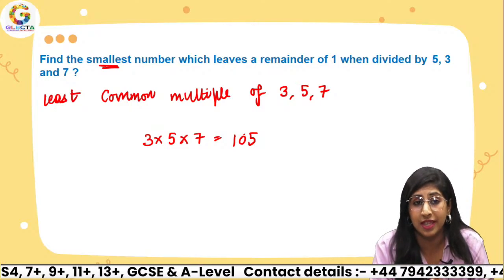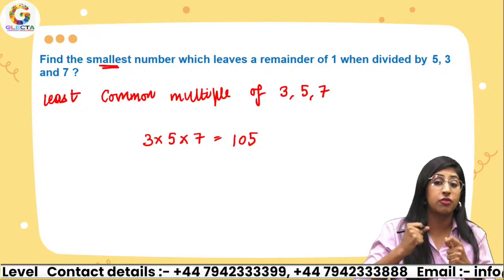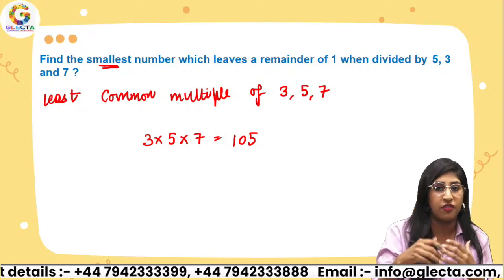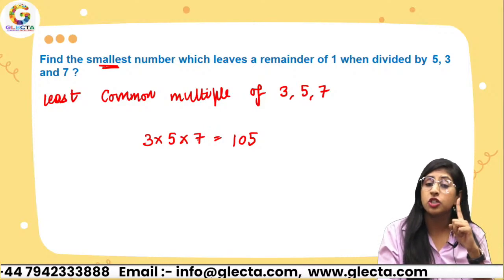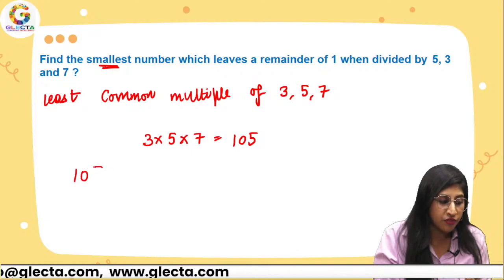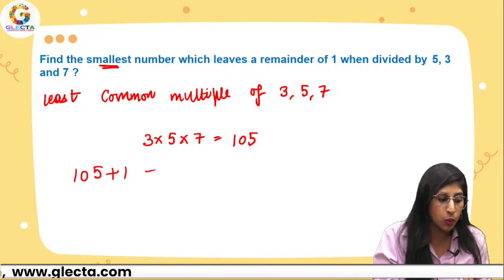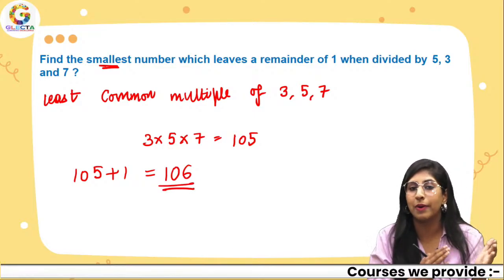But my question says that I have to figure out the answer when the remainder would be 1 if I'm dividing it, right? So you would just add 1 to this least common multiple. So 105 plus 1, which is 106. I wanted 1 as the remainder, so I added 1 to my LCM.